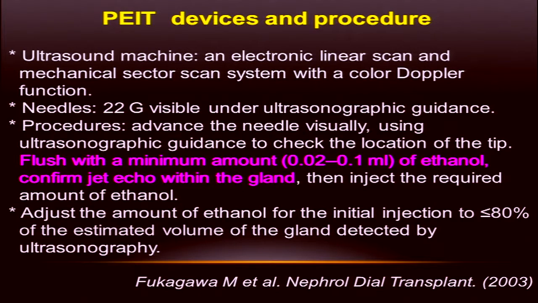Devices and procedure are on your handout. We started with flushing with a minimum amount, 0.02 to 0.1 ml of ethanol, and confirmed jet echo within the gland. I will show you the movie later.